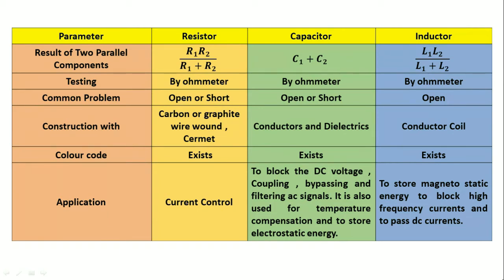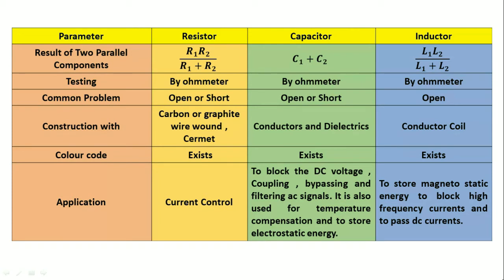The common problem in resistor is that it may be either short circuited or open circuited. For the capacitor also, the common problem is that it may be either short circuited or open circuited. And for the inductor, the common problem is that it will be open circuited.